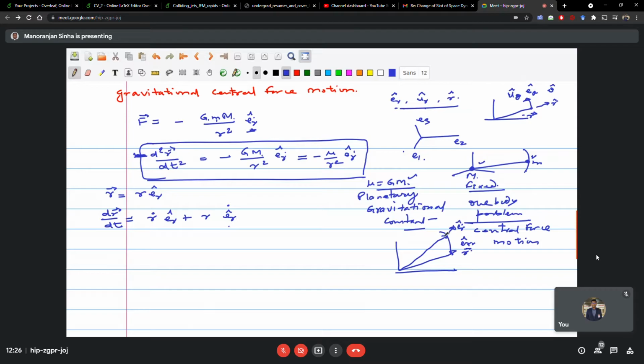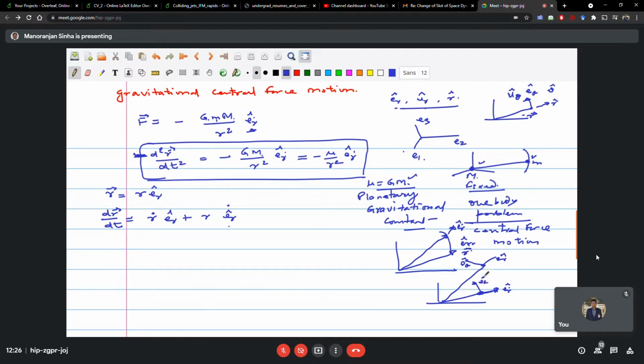If we look into the body frame, I have a frame here. This is my ER vector, ER cap. And if I fix a frame along this direction and along this direction, as it goes from one place to another place, this is your ER cap, and this is E theta cap.